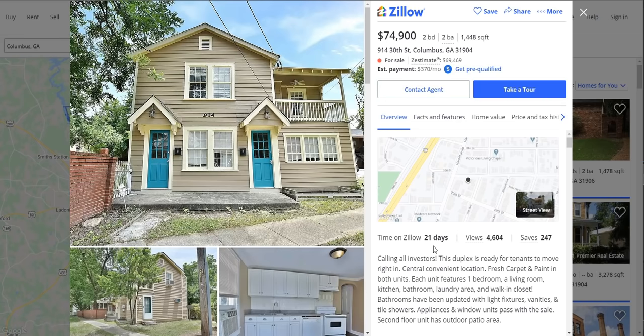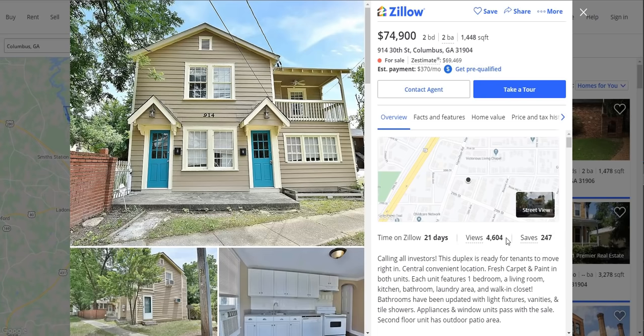But let's just look at some other data that's here on this page. As of the time of this recording, this property had been listed on Zillow for 21 days. It has had 4,604 views, which none of that's really that important.